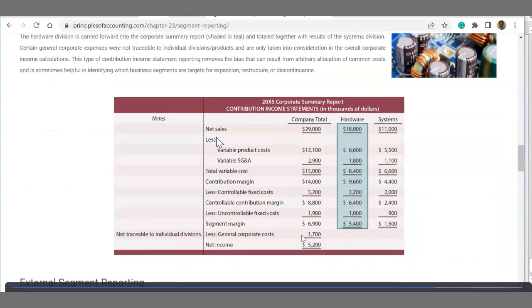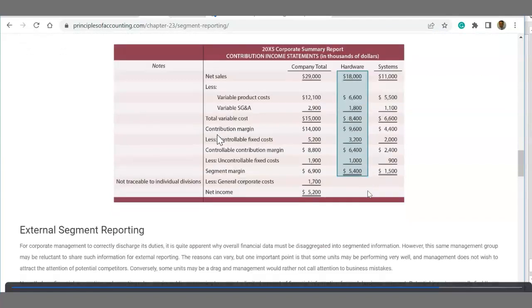And then there is some general corporate cost that is not traceable to any of those divisions. That means this corporate cost will happen no matter what. So segment margin minus corporate cost gives us the net income. And that's the net income that you normally see in an income statement, but you never see something like this because this belongs to inside managers.